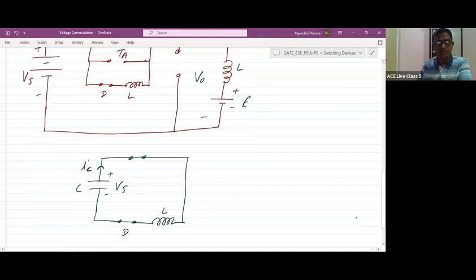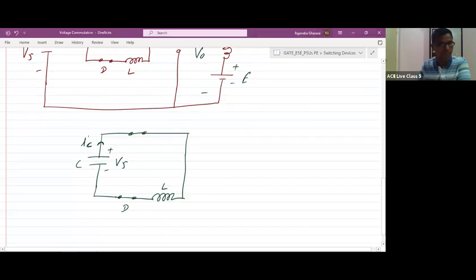Now, can we redraw this network? We have two possibilities. First, we can directly apply KVL to this loop, and while taking the Laplace transform we need to use the non-zero initial condition property.